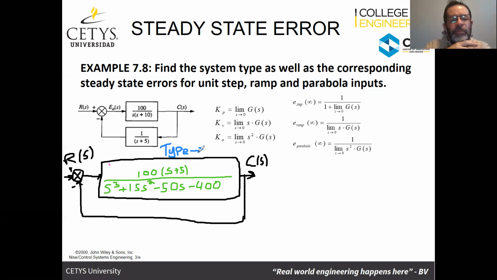Remember, the type has to do with the lonely S in the denominator, multiplying whatever is in the denominator. Right now we don't have any S, so that means we have an S to the 0. So it's a type 0 system.